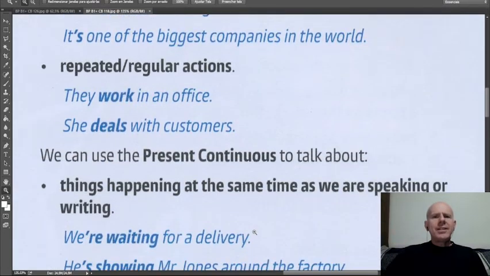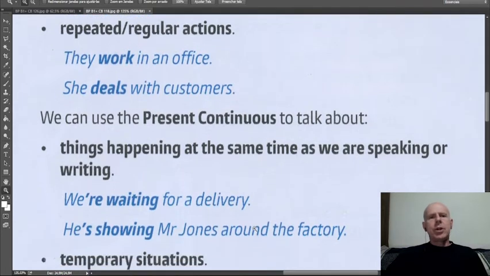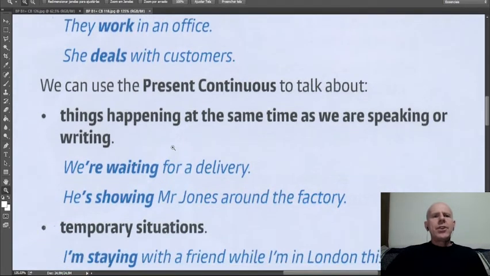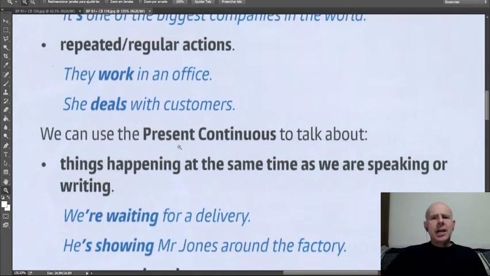We can use present continuous to talk about other things. Things happening at the same time as we are speaking or writing. Like, I'm teaching, I'm recording a video, and Caramelo is messing around. Very common. We are waiting for a delivery.